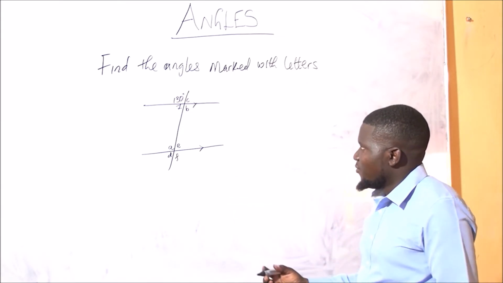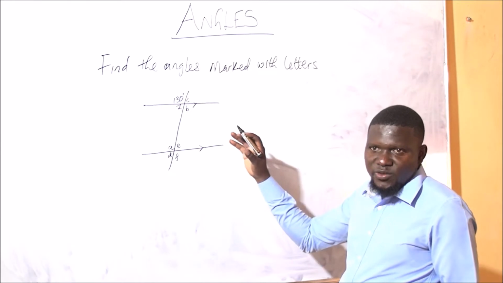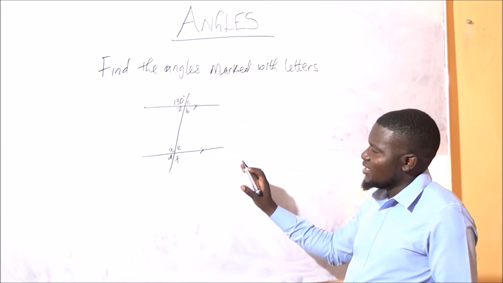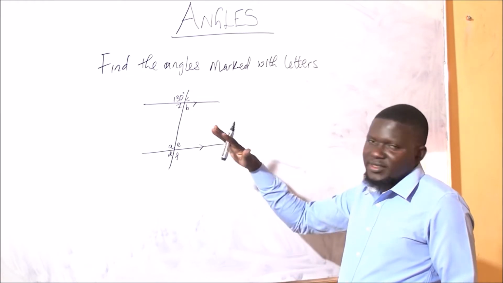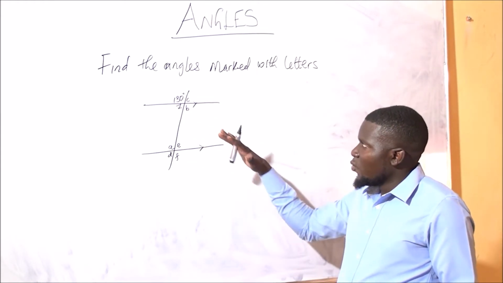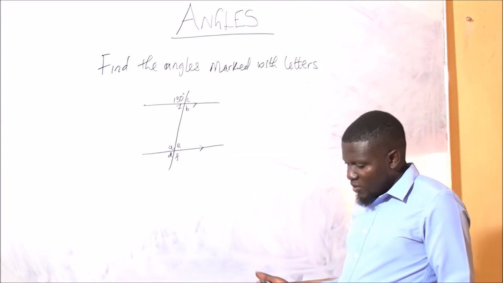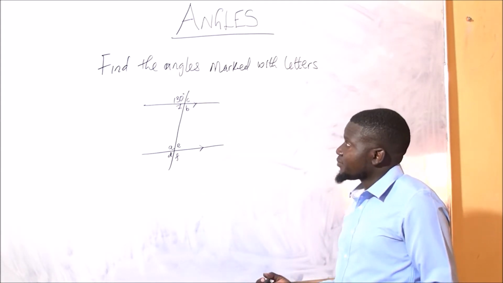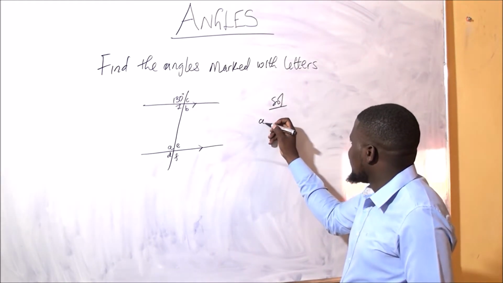When you look at this shape very well, you will find that some of the answers we have are around. It's kind of a smart game that we're trying to play here within the letters, and we'll see how best we can locate the answers. When you look at the solution for the first one, A, how do we find A?